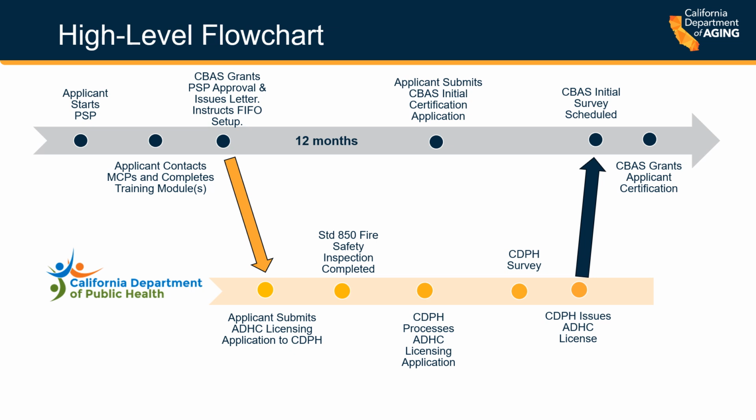After the application is deemed complete, they will assign it for a detailed review and arrange payment of the licensing fee. Then the application is sent to the appropriate district office to complete the survey. If noncompliance is noted, you must resolve it for CDPH to issue the ADHC license. If there are no deficiencies, the ADHC license is issued.